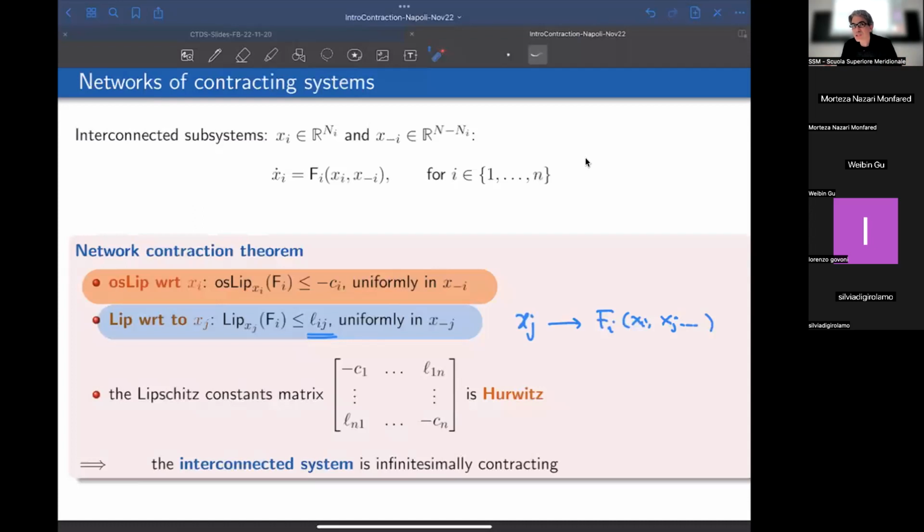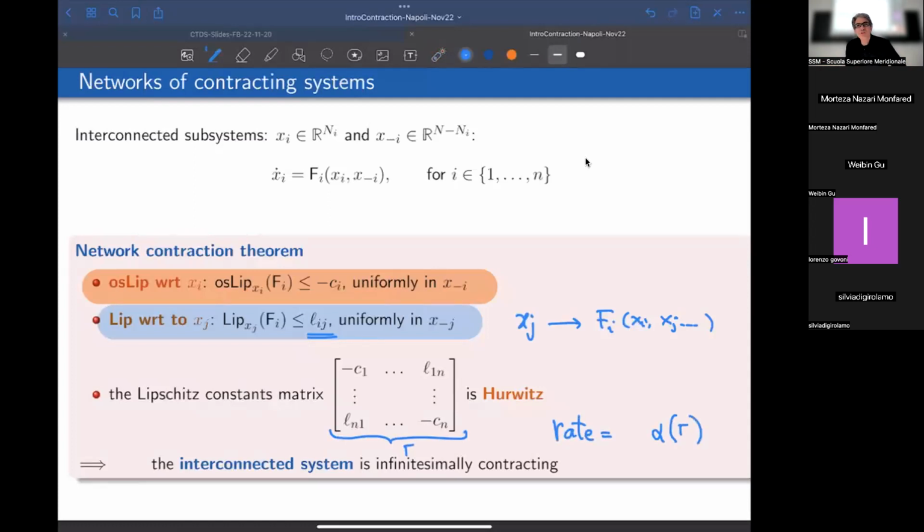And I can already anticipate to you that the rate of contraction is equal to alpha of this matrix. Let's call this matrix capital gamma.